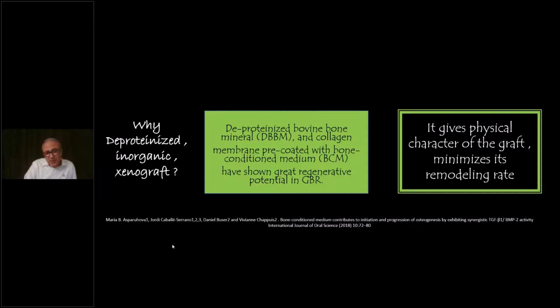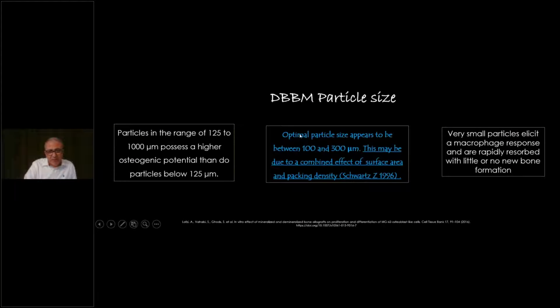The particle size that you should select for your bovine graft should not be less than 100, because small particles elicit a macrophage response and resorb rapidly. And if you go above 300, well, the average size is from 100 to 1,000 microns. I personally prefer to choose between 100 and 300 microns.